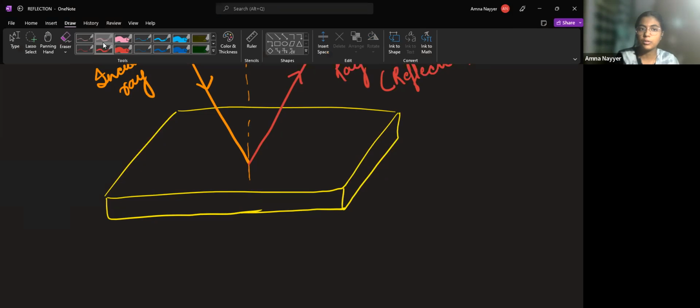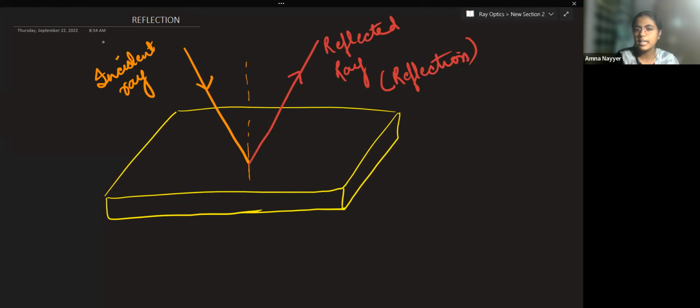The second thing that is possible is that some portion of this ray of light, almost one third of this incident ray that is coming from your light source, can be absorbed by the surface. Now, absorption and all these phenomena depend on the material, what kind of material you have and what properties it has.